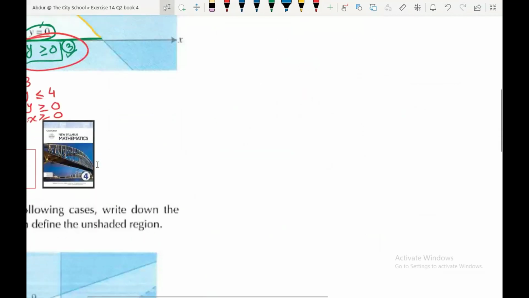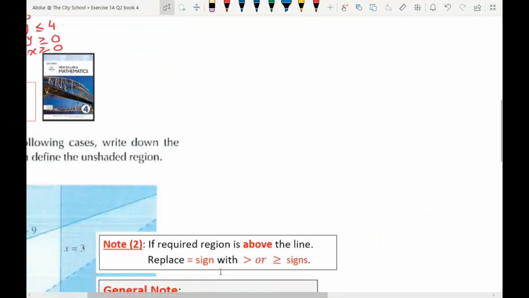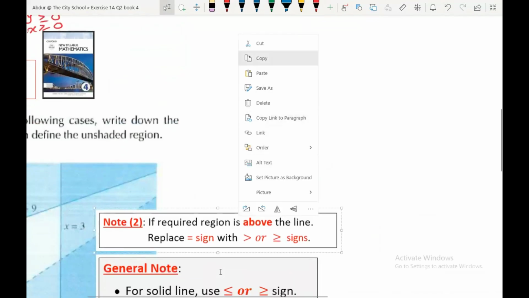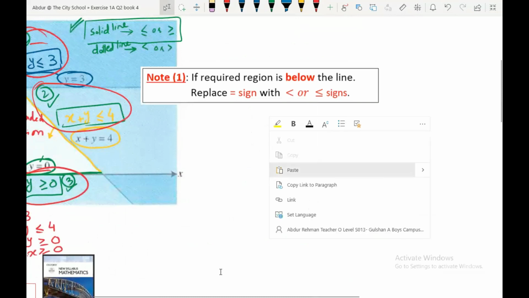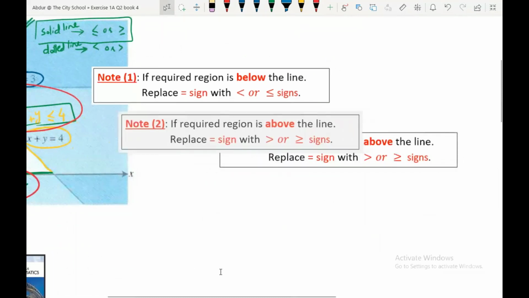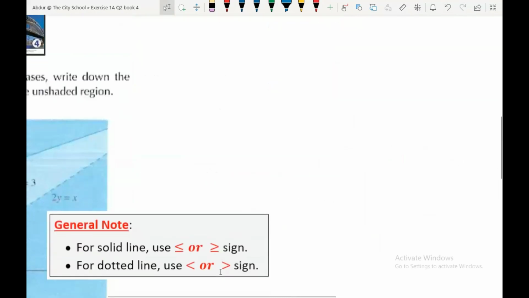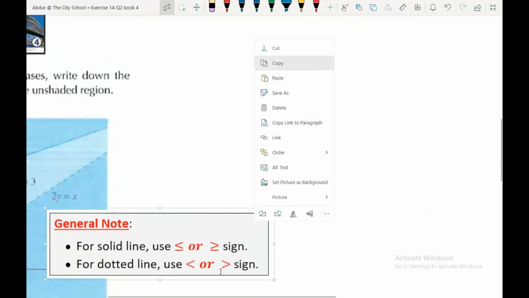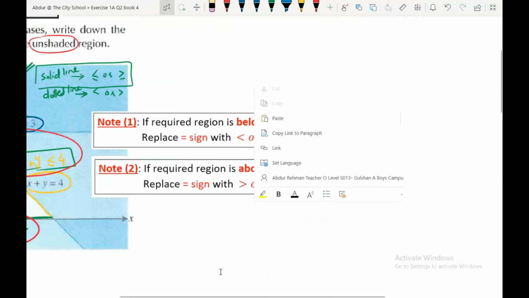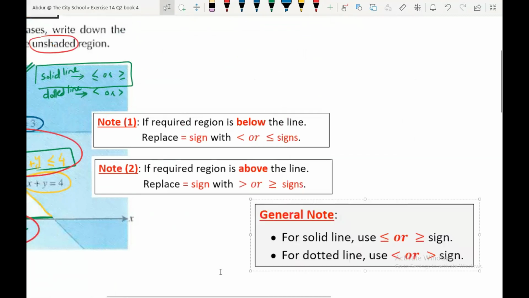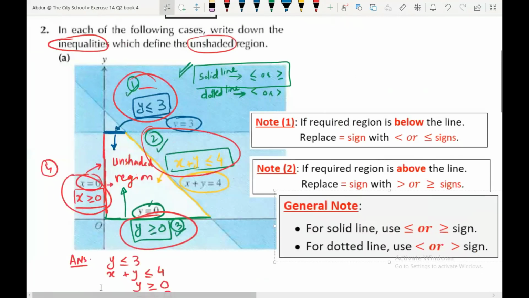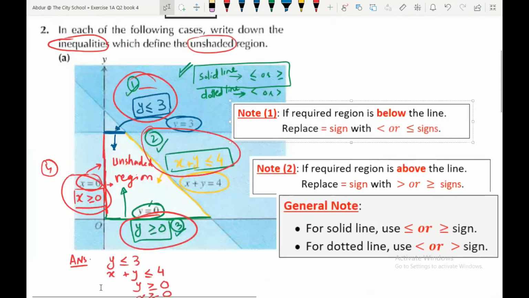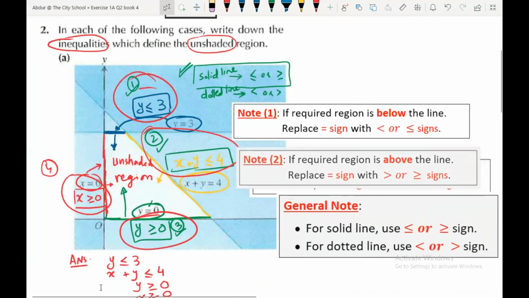Note number 1, note number 2 here, and note number 3. You have to remember these 3 notes.